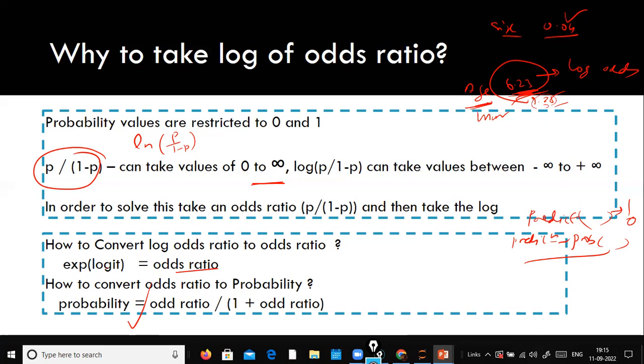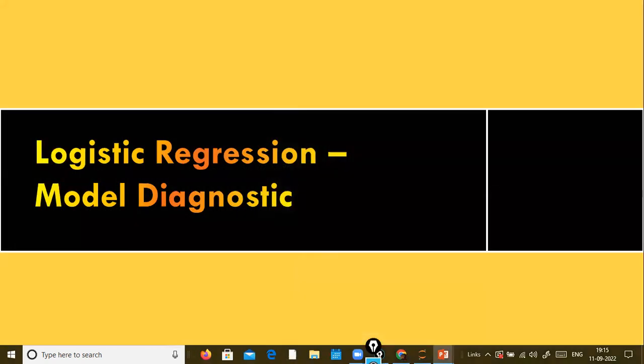All right. So this is pretty much about logistic regression. It is pretty simple, right? Understanding the equation and understanding the odds ratio. As part of this, I explained what is probability, what is odds ratio, and what is the difference between linear regression and logistic regression. Why should we use logistic regression? Why can we not use the linear regression algorithm here?